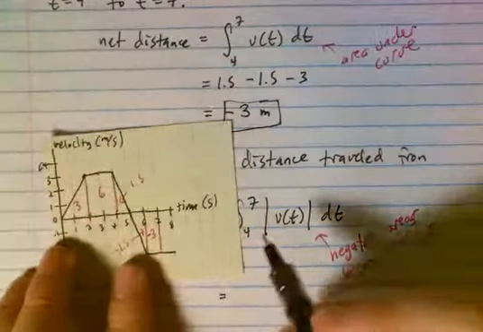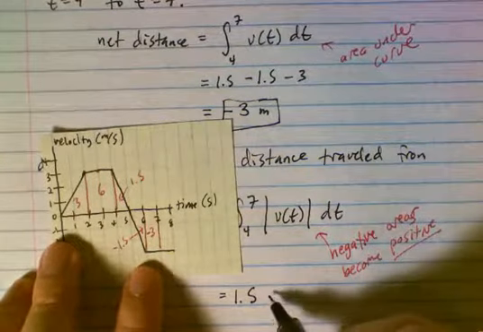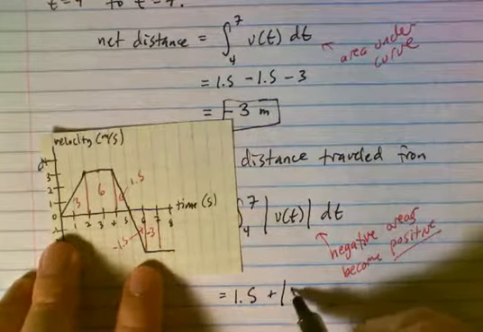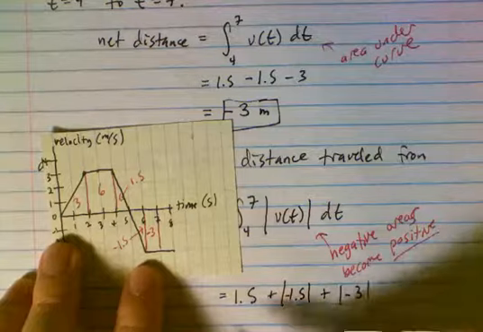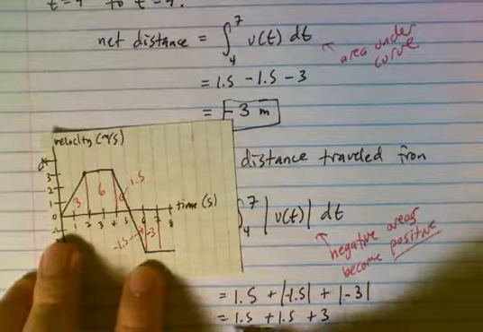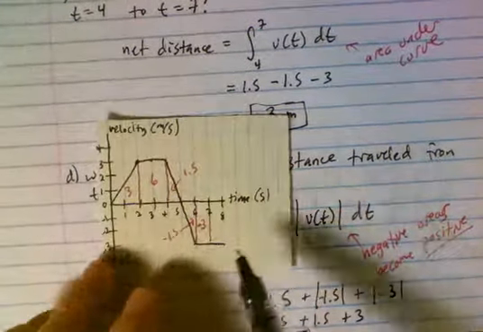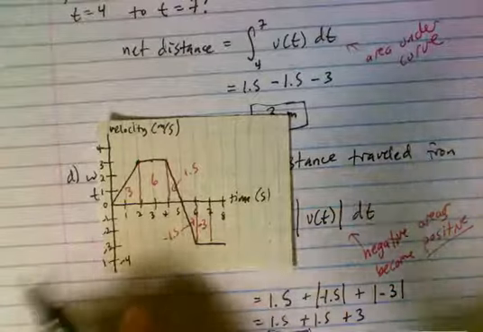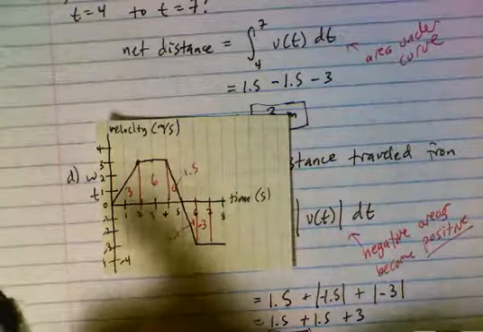So where before we had 1.5 minus 1.5, here take the absolute value. So even though at the end we ended up 3 meters to the left of where we started, we traveled 6 meters overall, some forward and then some back.